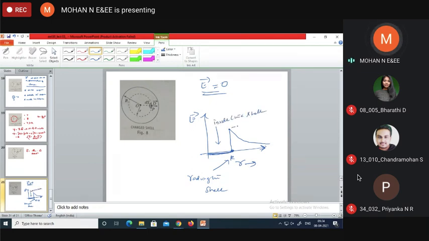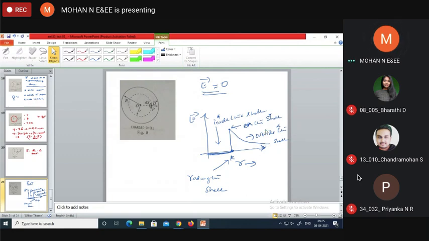And this is at the shell, or on the shell, and this is outside the shell. So this is the region where your intensity is varying.